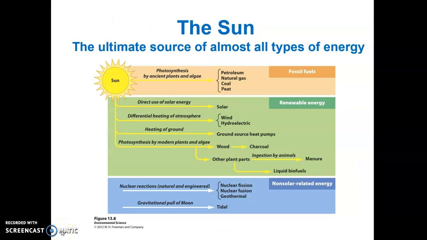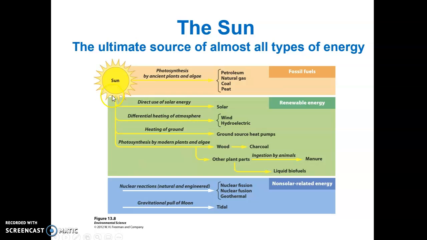So next we're just going to look at one of the ultimate sources of most energy types. Okay, so we have here the sun, and the sun allows for photosynthesis by what was once ancient plants and algae, and those over millions of years of time became the fossil fuels. So fossil fuels actually started with sunlight.